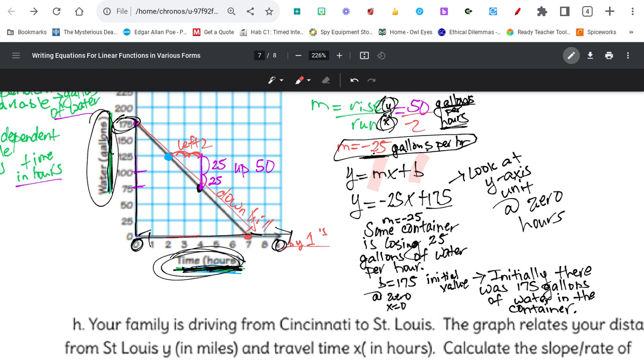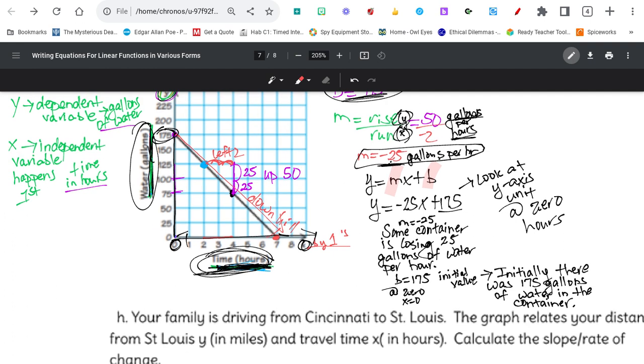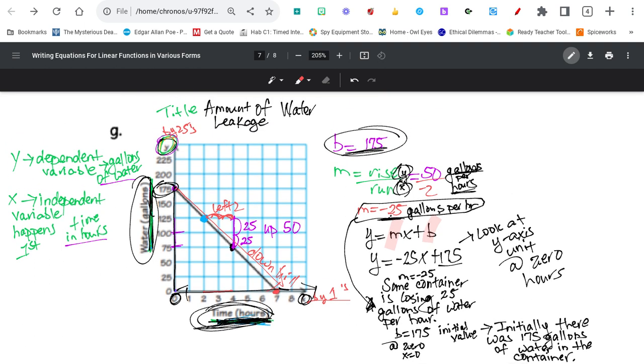And then the slope is the easiest thing. You guys got to remember, rise is associated with y, so you put what it's talking about on the y. Run is associated with x. You put what it's talking about and stick the word per between them, gallons per hour.